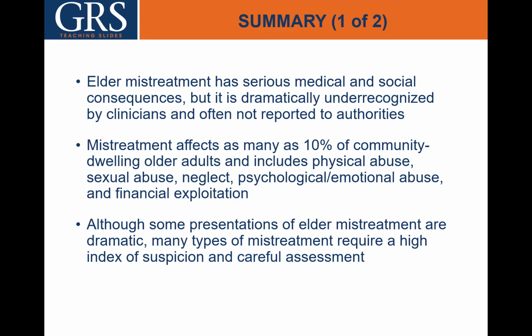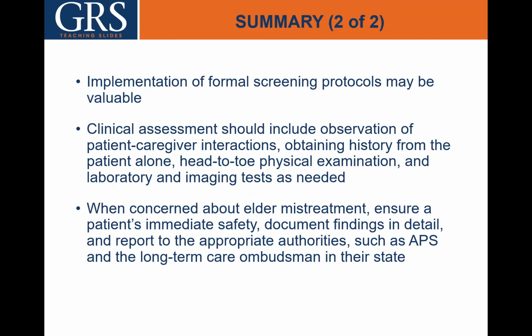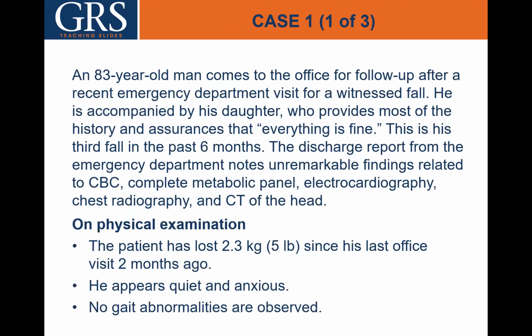We also talked about different types of mistreatment, how to identify the patient who might be suffering from mistreatment, how to ask questions and perform physical examinations to identify it. And we learned how to report mistreatment to the government, and which department we should report to.